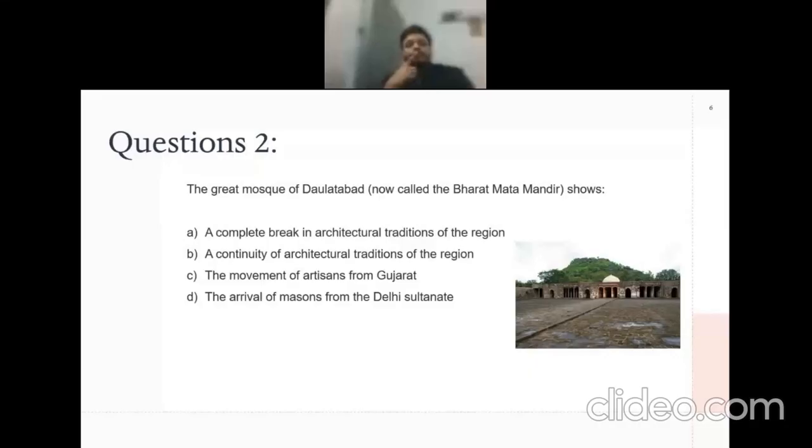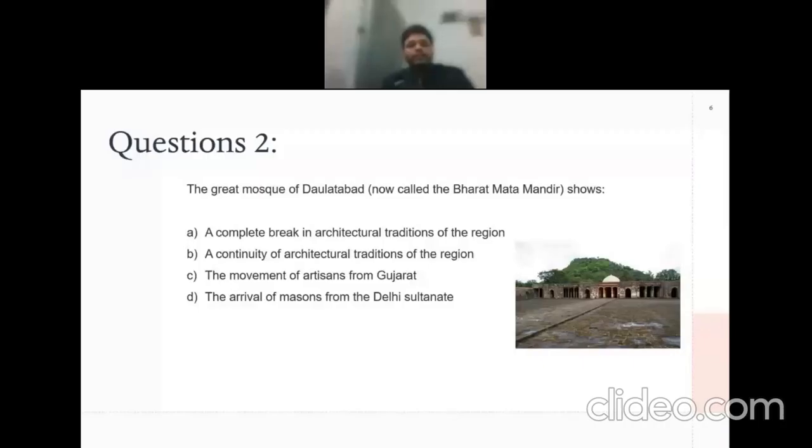In the right side picture is the Mosque of Daulatabad, now called Bharat Mata Mandir. A structure in this mosque complex houses the statue of Bharat Mata, so it is now known as Bharat Mata Mandir.